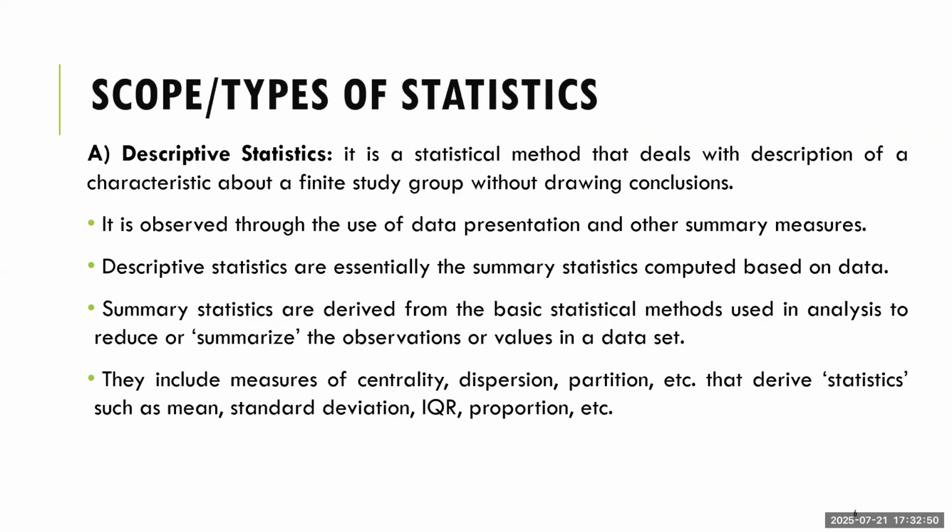So for example, you have 500 postgraduate students. I've collected data: age, sex, and all the common things we collect as information. I'm saying, okay, what proportion are males, what proportion are females? What is the mean age and standard deviation of the study participants? What is the religion? What is the income?